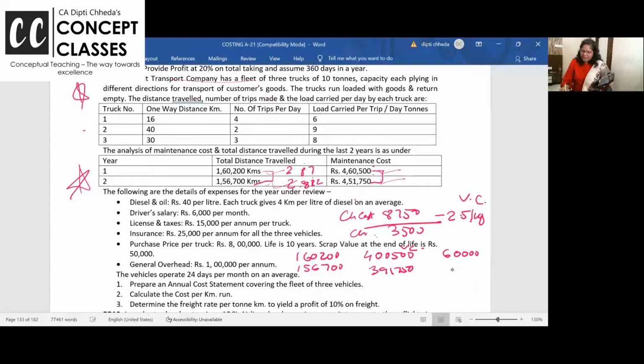See, you are getting 451,750. Fixed cost is constant in total. So when kilometers are changing, the change in the cost is only because of the variable element. This is just like a revision, right? So this will be your variable cost.